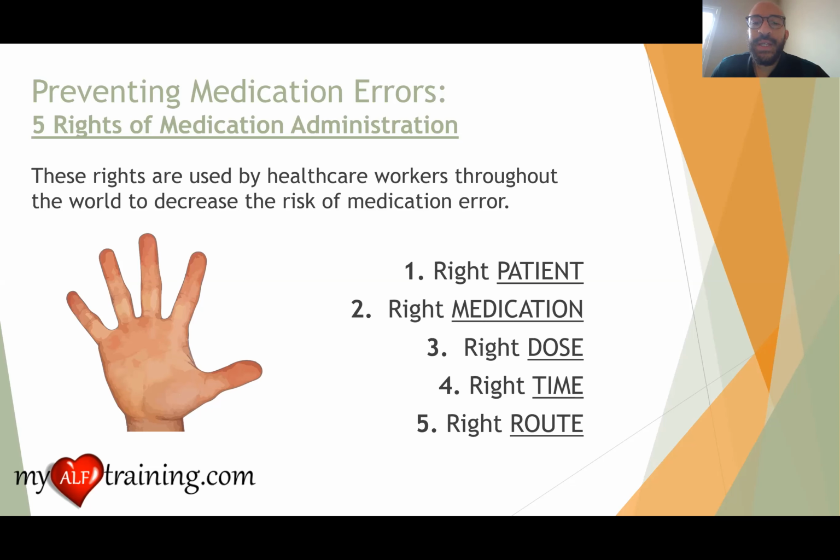But if you're checking to make sure, then you can note before, oh, the patient's feeling nauseous. I'm glad I didn't take that pill out yet. Now I can call the doctor and say, hey, this patient's feeling nauseous. Is there another route we can give it by? Or, hey, the patient's IV isn't working. We can't get a new one. Is there another route we can give them this medication by? So, 5 rights of medication administration.